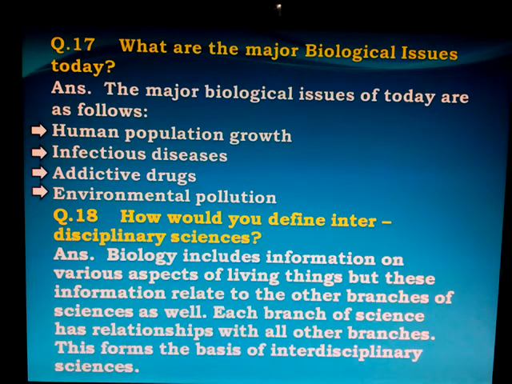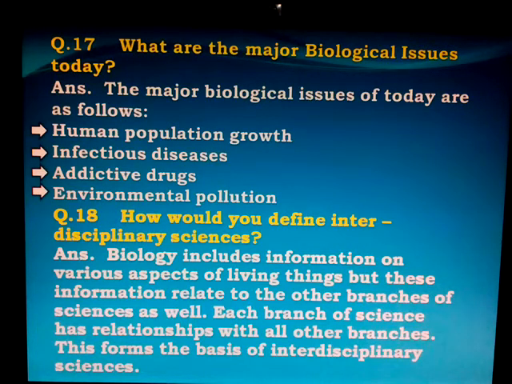Then question number 18, how would you define interdisciplinary sciences? It means when one branch links with other sciences, like we have bioeconomics, biophysics and biochemistry. Biology includes information on various aspects of living organisms, but this information relates to other branches of science as well, as I told you, biophysics, economics and others.